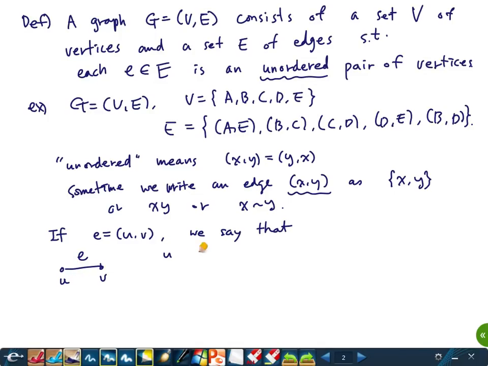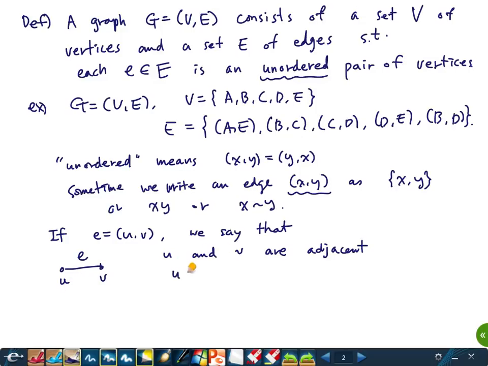We say that U and V are adjacent if they are connected by an edge like this. Or sometimes we say that V is a neighbor of U, or neighbors of each other.